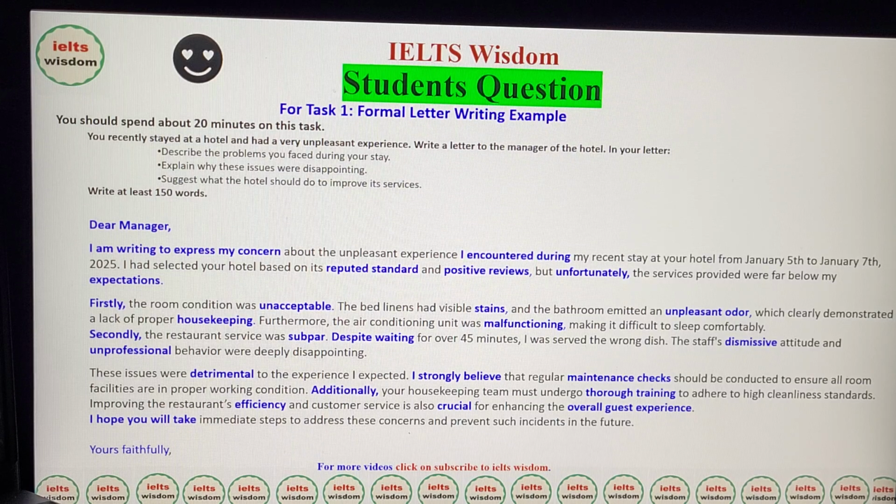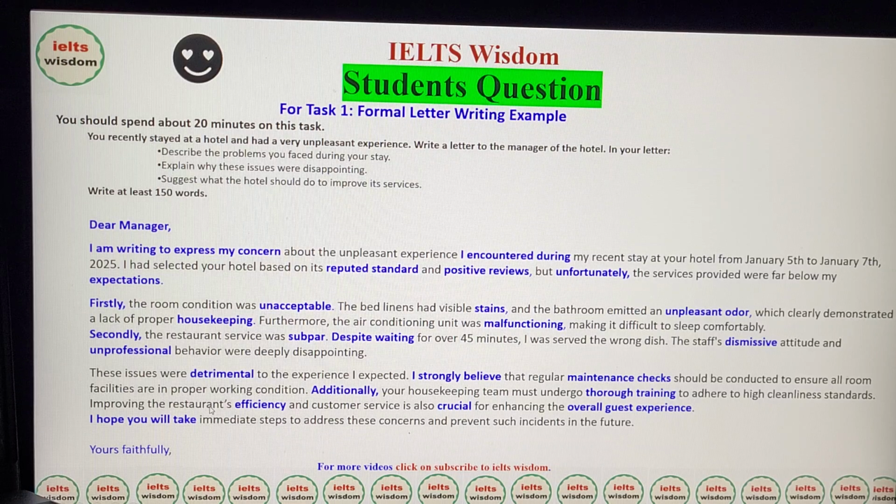And also, I expect, I strongly believe. This is again an opening phrase: that regular maintenance checks should be conducted to ensure all the room facilities are in proper working condition. And additionally, again a linking word, your housekeeping team must undergo training to adhere to high cleanliness standards.